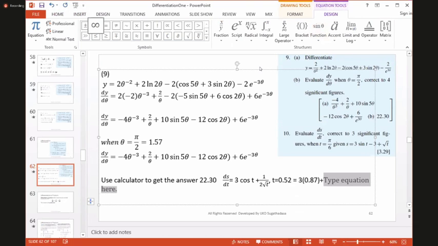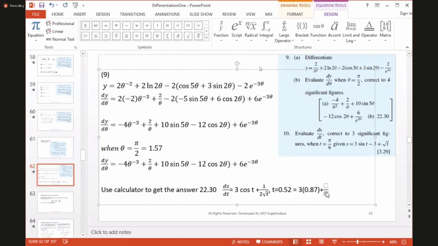I'll show you the values in the equation editor. That is 1 upon... so here 1, right? 1 divided by... Remember what is the value? You have to calculate the square root of t, multiplied by 2. I'll do the calculation from the calculator. If you have a calculator, you can do it. First find the square root of t, the square root of 0.52.